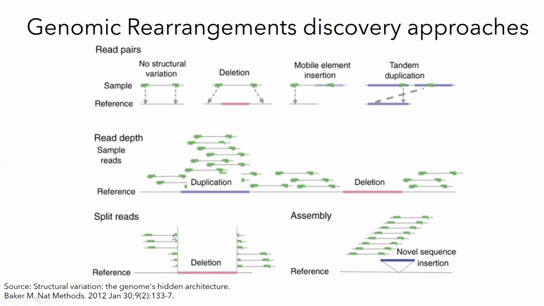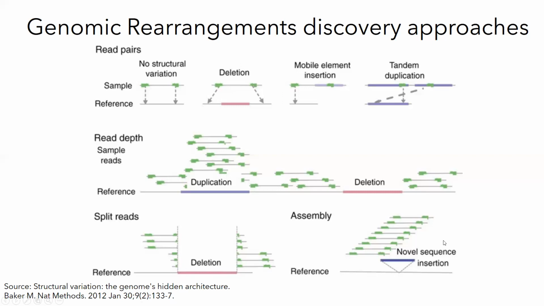Here it is a read, but as you can see, when we map it to the reference genome, half is found here and the other half is found here, which indicates that this whole area has been deleted.